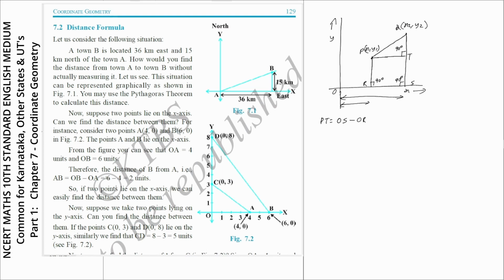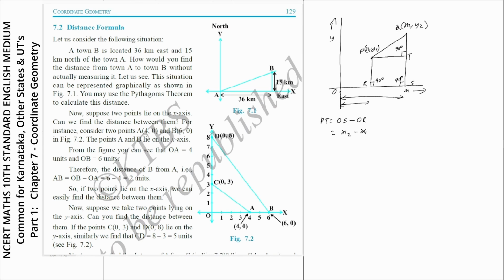So what is the length of OS? See, the coordinates of point Q are x2, y2. Therefore OS is x2, and the coordinates of P are x1, y1, therefore the length of OR is nothing but x1.